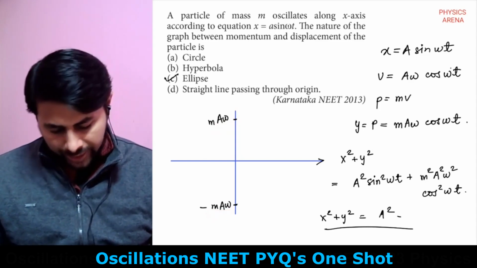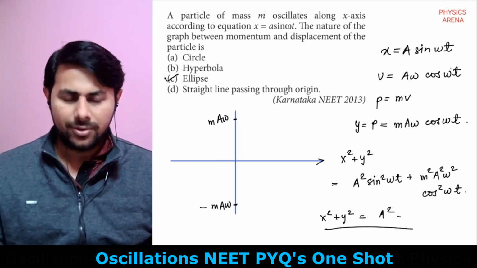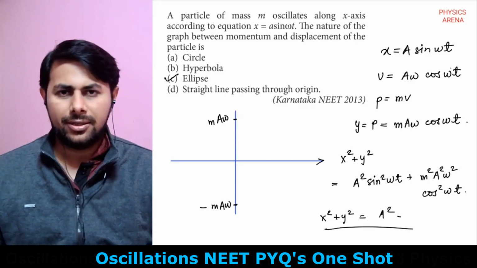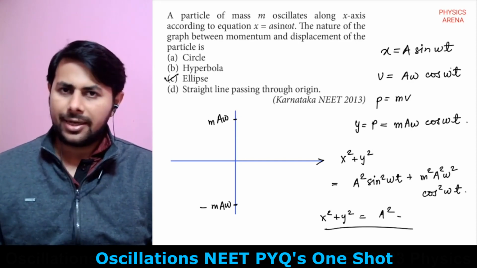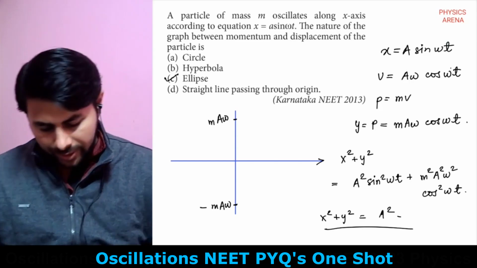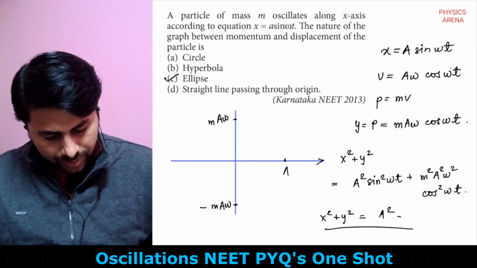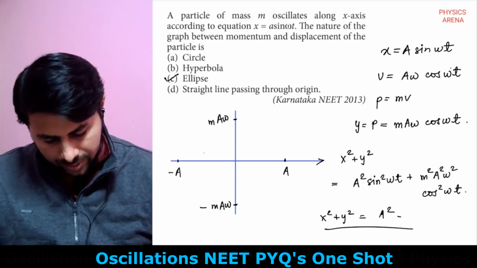Then when x is at the extreme position, so when x is plus or minus a, what will happen? At the extreme position, we know the velocity is 0. So at plus a and minus a, the momentum will be 0, right?